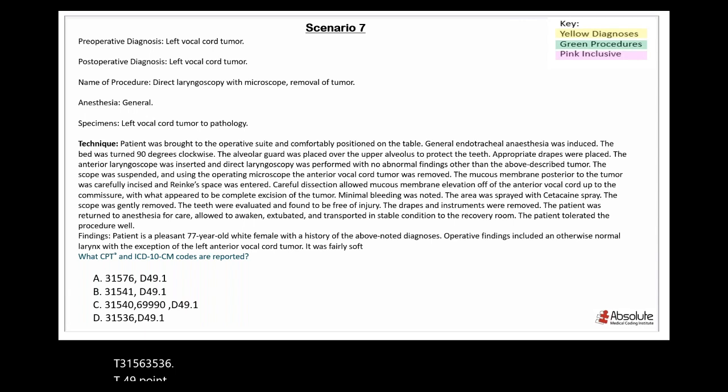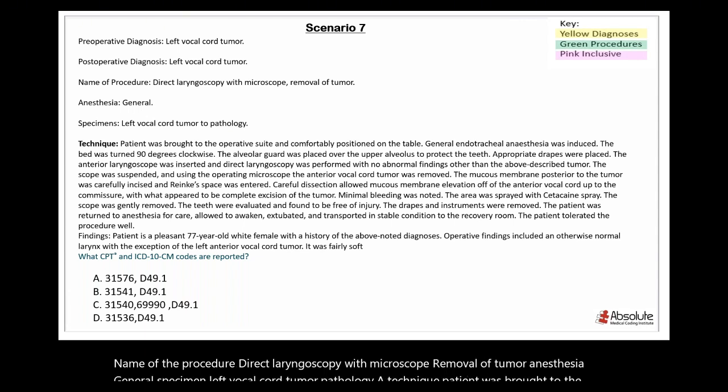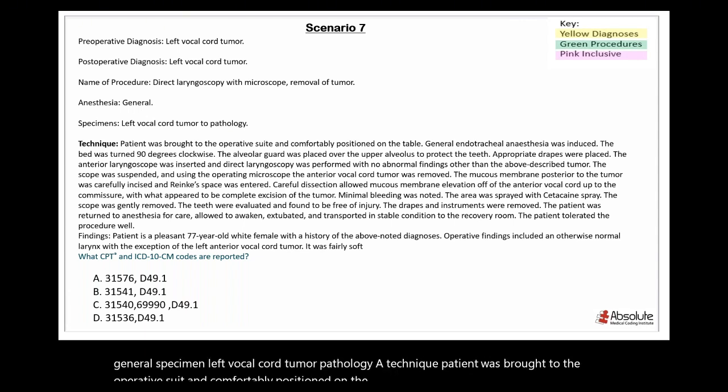Preoperative diagnosis: left vocal cord tumor. Postoperative diagnosis: left vocal cord tumor. Name of the procedure: direct laryngoscopy with microscope, removal of tumor. Anesthesia: general. Specimen: left vocal cord tumor pathology. Technique: the patient was brought to the operative suite and comfortably positioned on the table. General endotracheal anesthesia was induced.